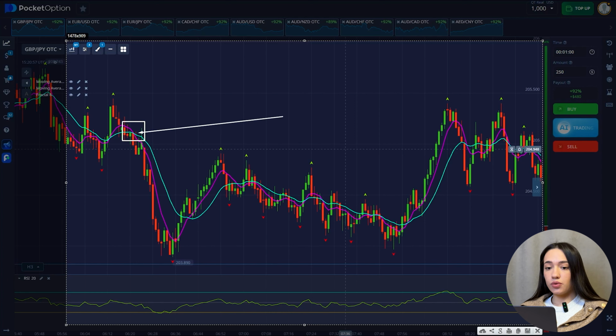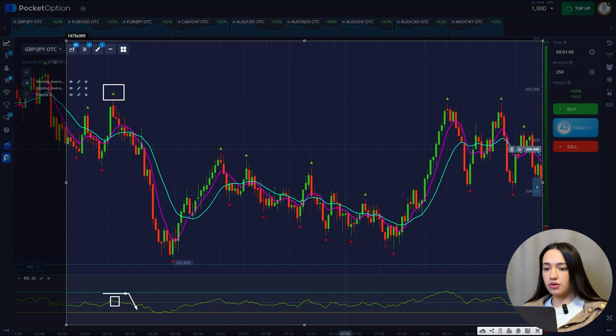And we start with a fractal update. When opening a sell trade, we see that the fractal has been updated. Then price movement goes downward. And we see on the RSI oscillator that the middle level is almost being crossed from top to bottom. This middle level is at 50.